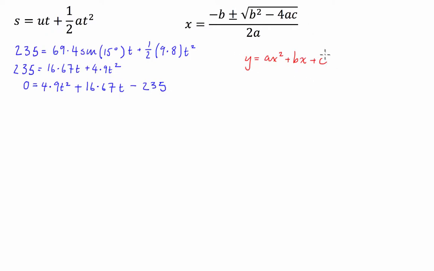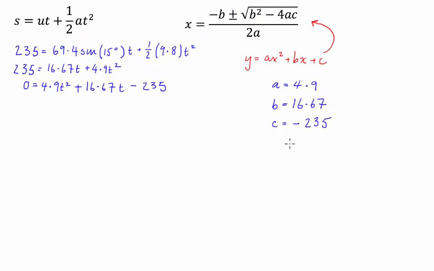Let's write down what we've got: A is equal to 4.9, B is equal to 16.67, and C is equal to negative 235.